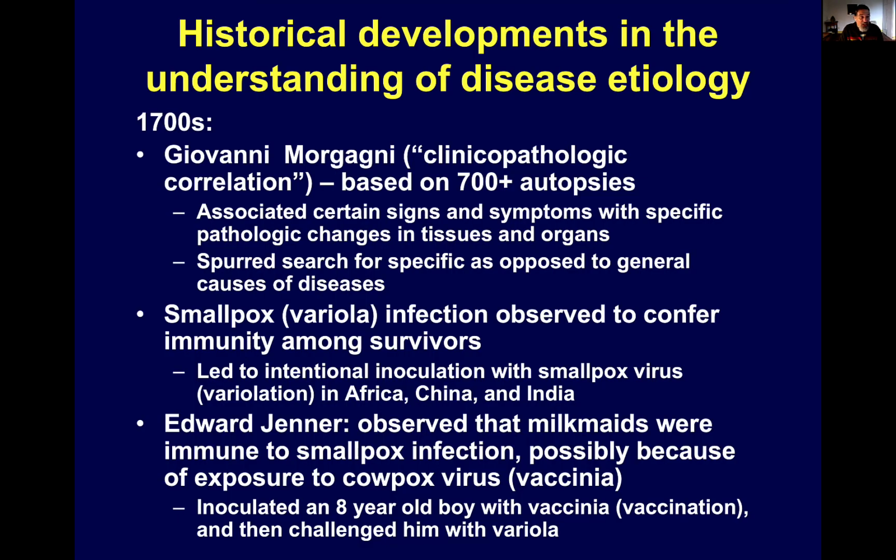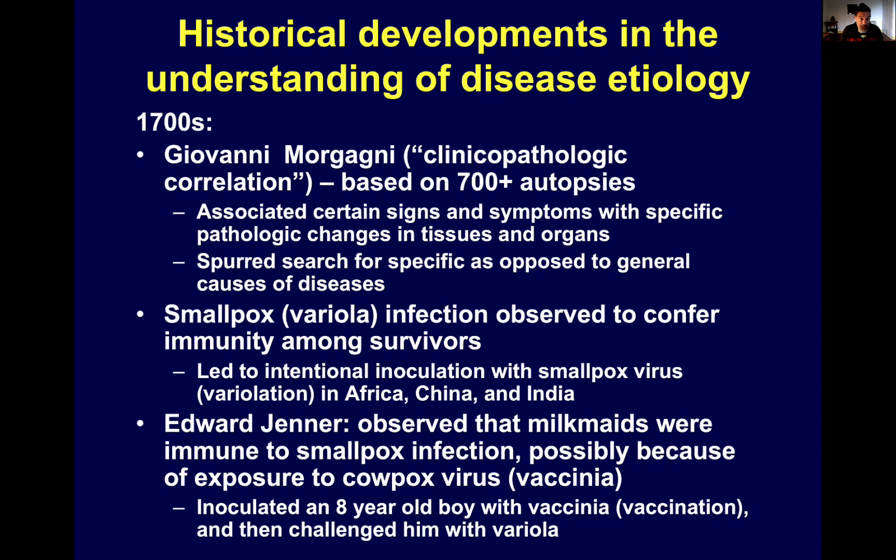In the 1700s, Morgagni used autopsy studies where there were detailed accounts of the symptoms that people were experiencing before they died and then investigated on autopsy. It was possible to correlate the signs and symptoms observed in the patients while they were alive with the specific pathological changes in the tissues and organs that were found after they had died.